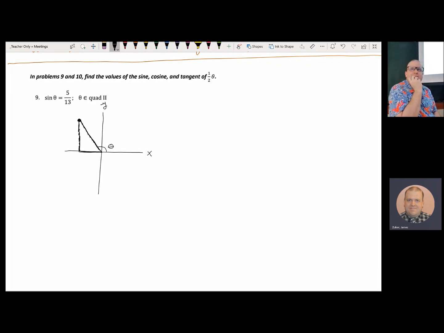So we know 2 things. The distance from the origin is 13, and the y-coordinate is 5. What does that make the x? It's going to be negative 12.